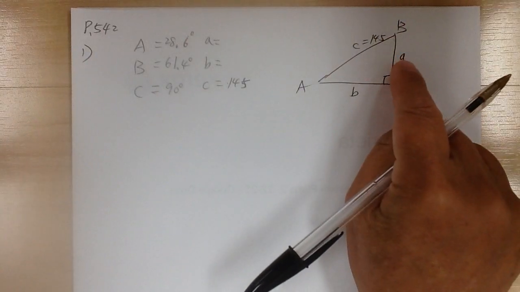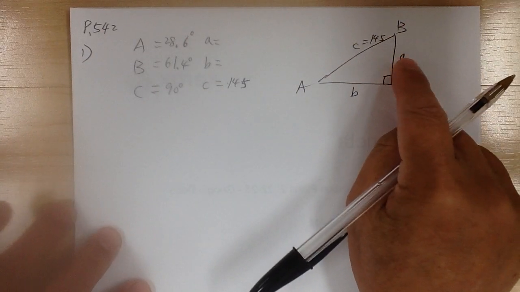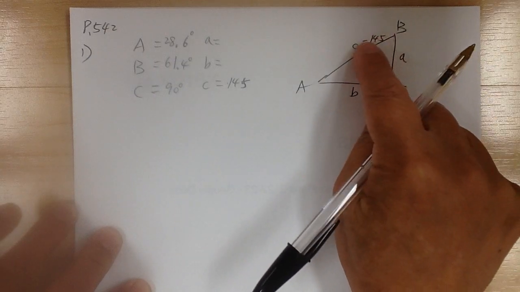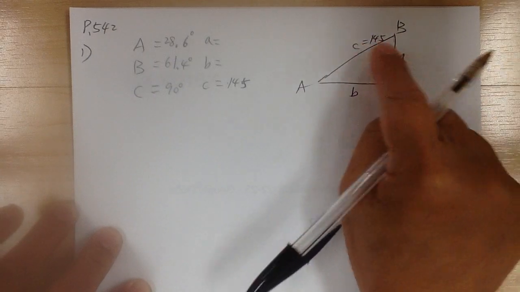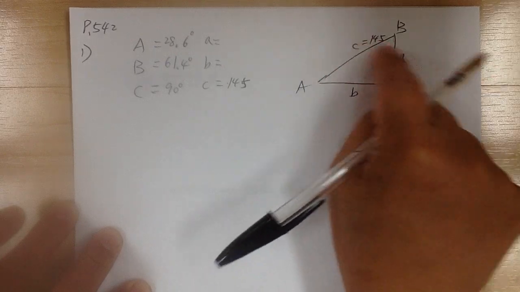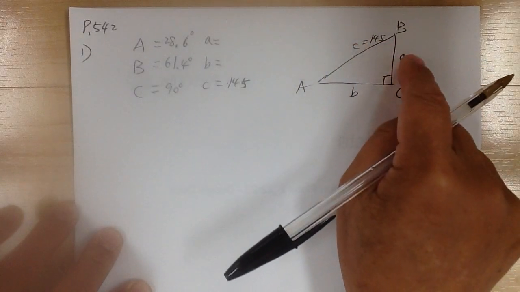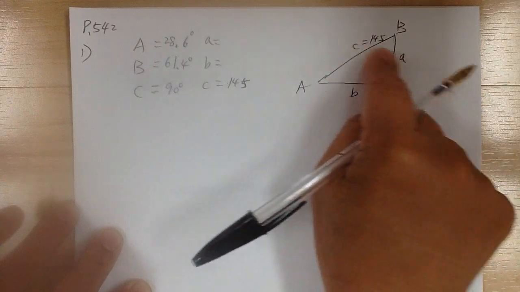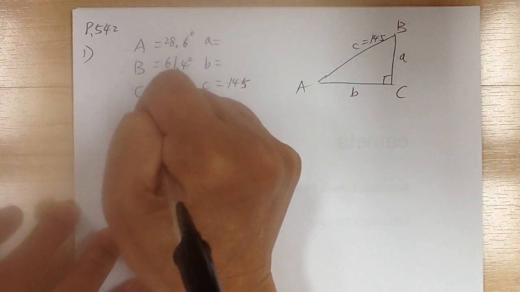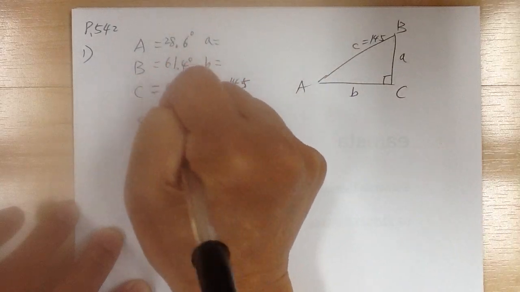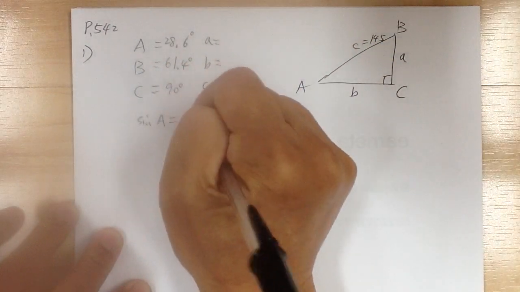So to figure out the a, look at what's given and what you're looking for. You're looking for a, and this is given, so you have to use A and the c. And then from there you figure out what function this is. So these two would be your sine function. So write down sine of angle A is equal to a over c.